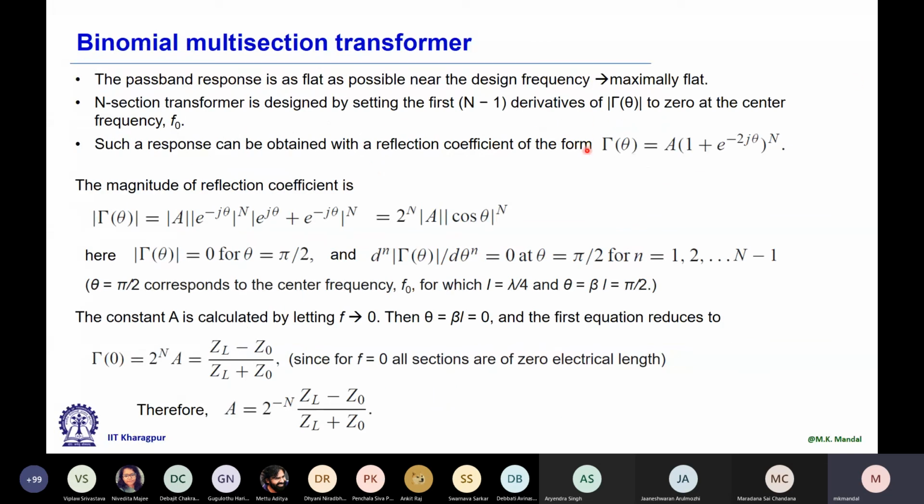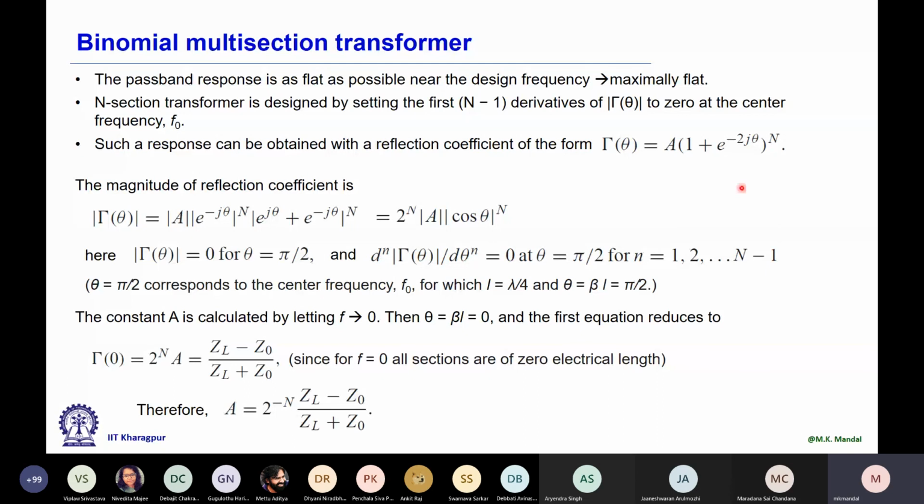By assuming gamma theta, it takes the form of this. So instead of this, we can now represent it using different polynomials. You can use Chebyshev polynomial, you can use elliptical polynomial, and the corresponding graph will be different. I'm not going to discuss this.